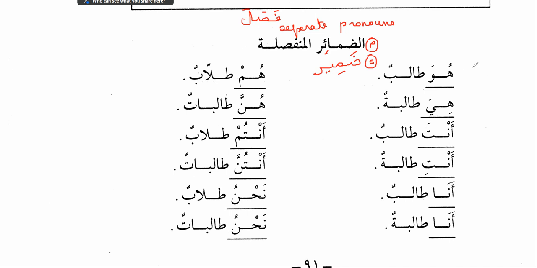Okay, so here these are all for the third person. Okay, and in this case you have four of them. Huwa for he, hiya for she, hum for they male, and hunna for they feminine. In English there is no such differentiation.